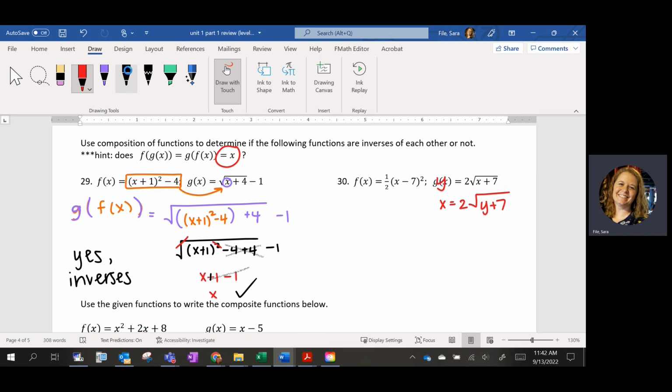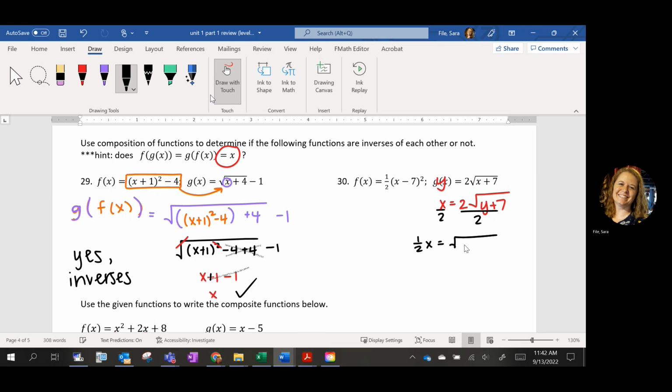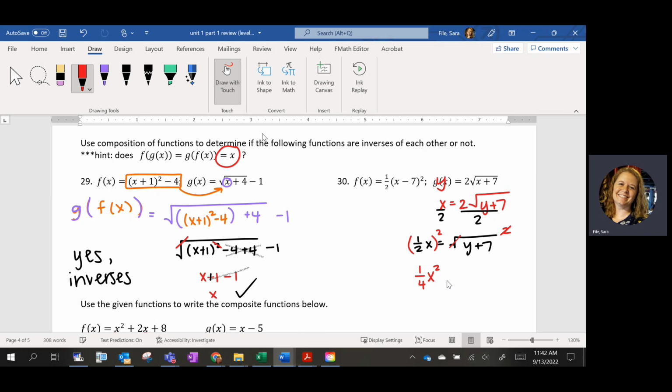So I would divide over the 2. So that's 1/2 x. And then I would square both sides to get rid of the square root. Okay, so that becomes 1/4 x squared equals y plus 7. And then I would subtract the 7 over.